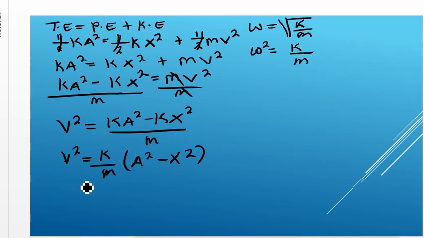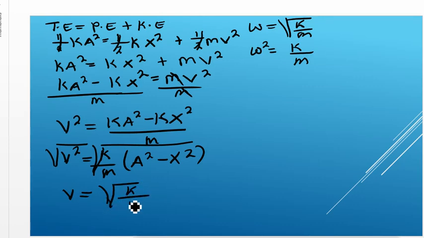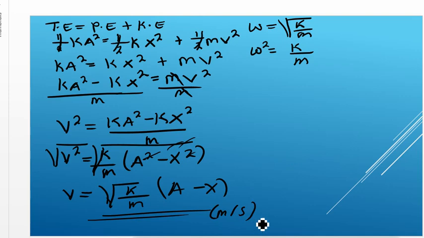So we introduce the square root everywhere, meaning our velocity is going to equal to root of k over m, then the square root of a squared minus x squared. That's the formula for velocity, of course in meters a second.